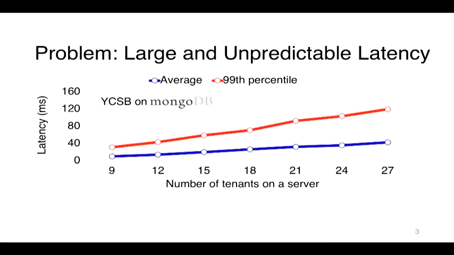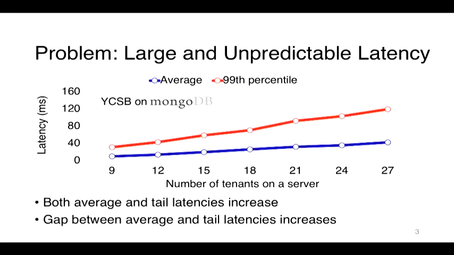And the blue and red lines represent the average and tail latencies respectively. We see that as the number of tenants on a server grows, the average and tail latencies increase. Further, the gap between the tail and average grows quite rapidly. Naturally, such large and unpredictable latency can impact the end-to-end performance of storage-intensive applications.